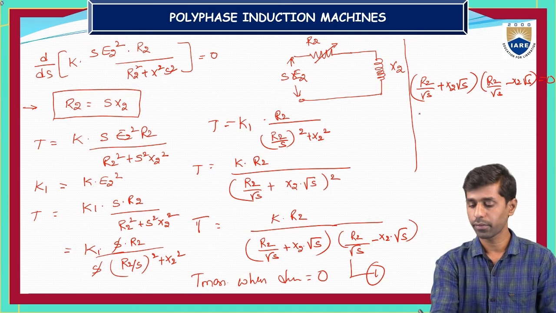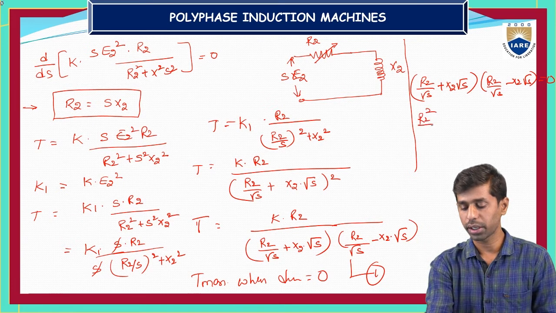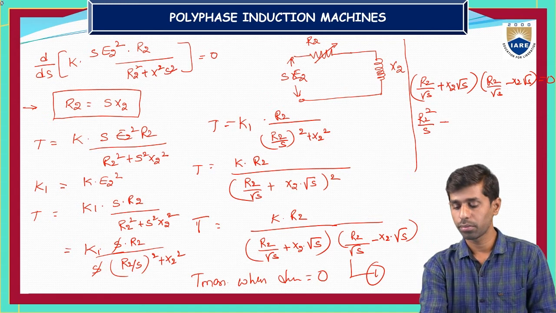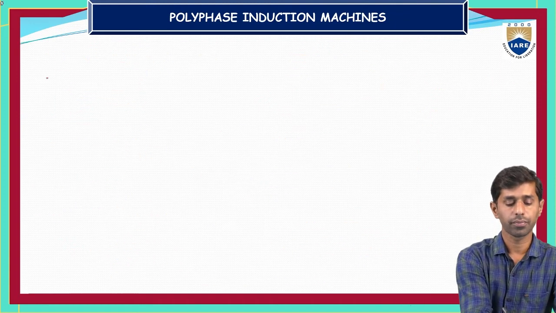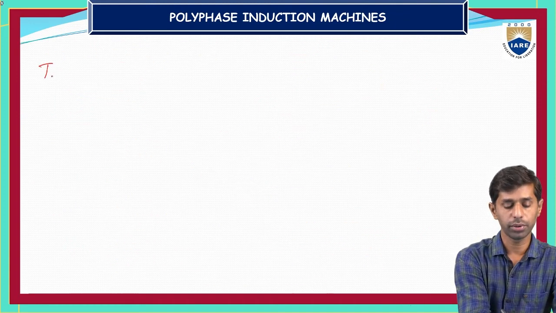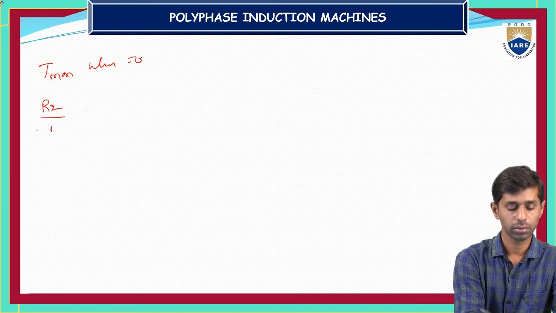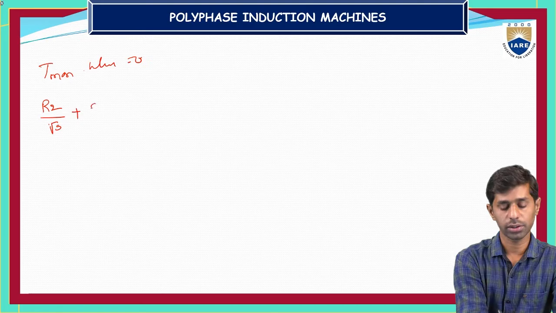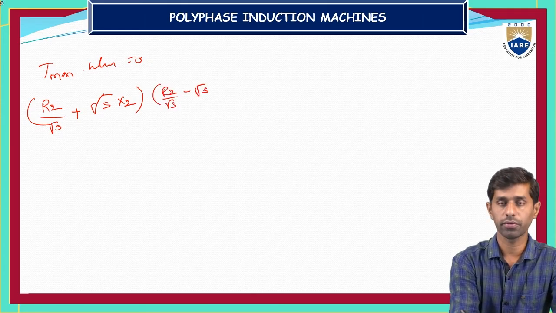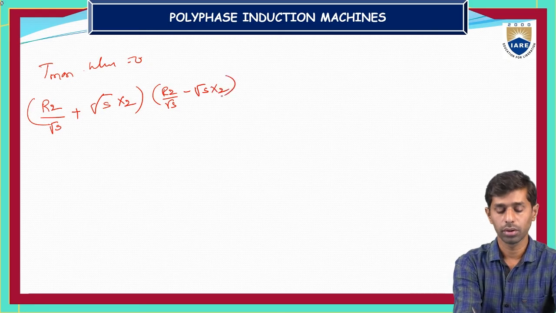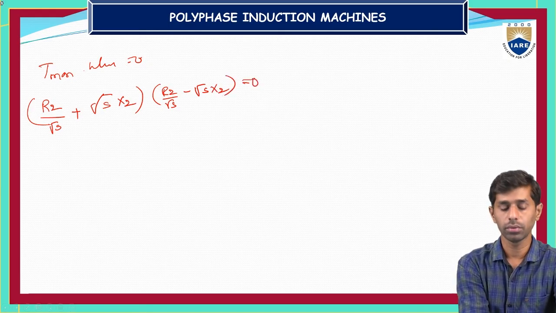Simplify this. T maximum occurs when the denominator equals 0, that is R2 by square root S plus square root S into X2, into R2 by square root S minus square root S into X2, equals 0.